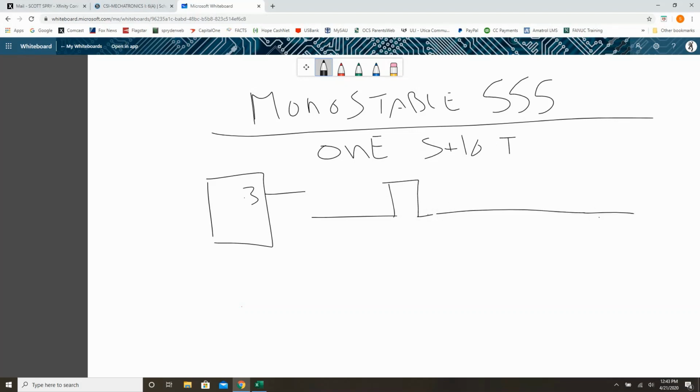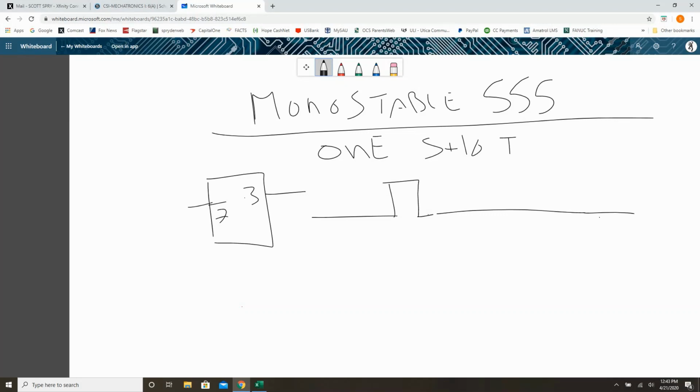Now that one-shot pulse comes from a trigger, which is on pin 2. I'll do a little circuit for that in just a minute. So when this pin 2 is triggered, meaning it sees, in this case, a negative or a low, then pin 3 sends out this one-shot pulse.